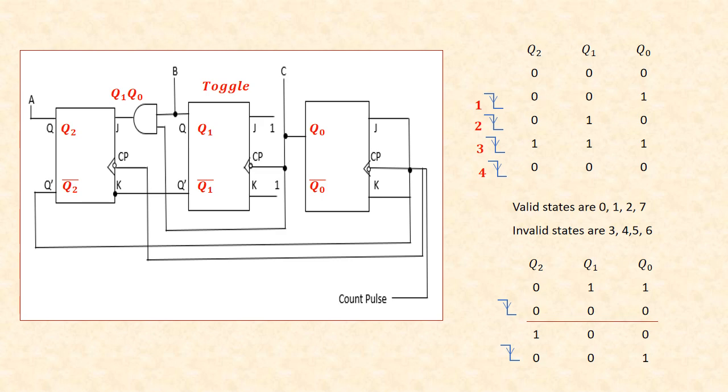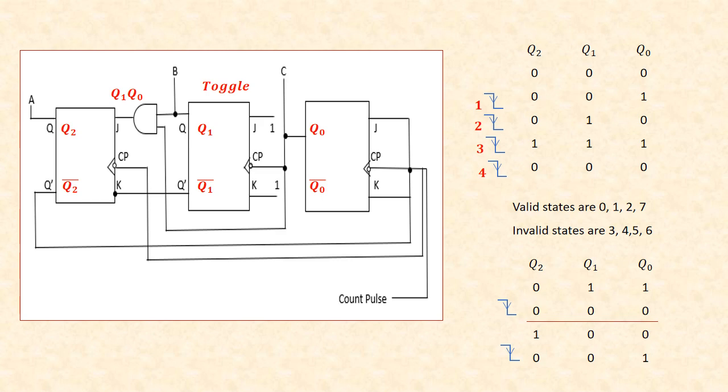Now, let us solve this problem. First, let Q2, Q1 and Q0 be reset, that is clear. So their output values will be 0, 0, 0. During the first negative edge transition, negative edge is nothing but from high to low, the input to the F0 flip-flop is J and K equal to Q2 bar.